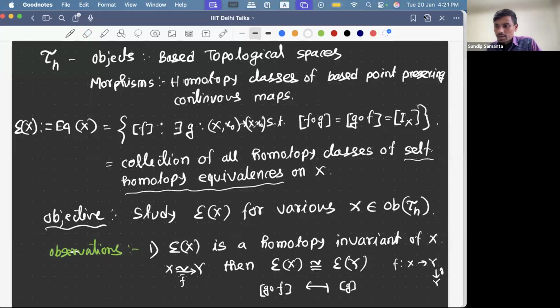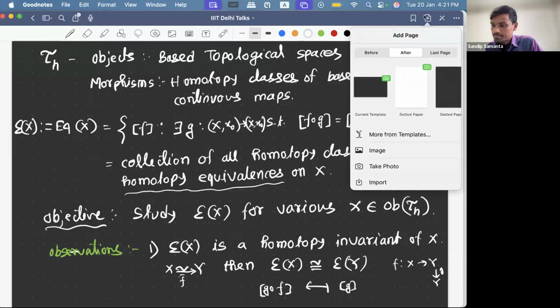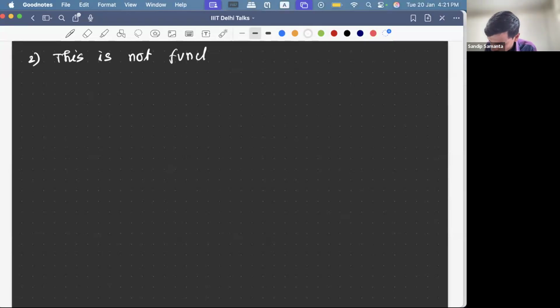But the thing is that this is not functorial, although we have a map from this to this whenever there is a homotopy equivalence. So what does that mean?